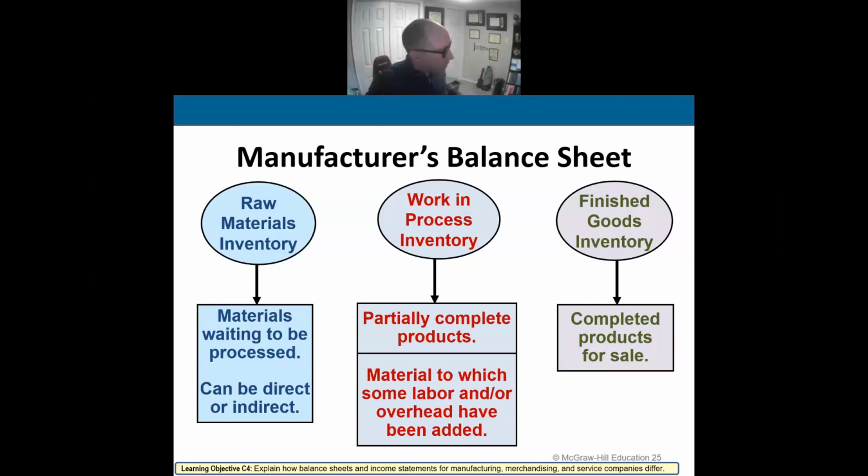For example, my car, when I take the raw materials out of raw materials, I put it into work in process. I start the process of molding the car, right? The first step in the assembly process is I'm putting together the frame for the car.